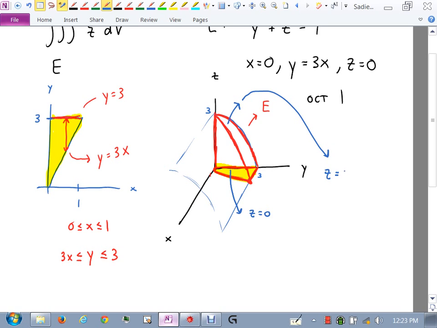Square root of 9 minus y squared, thank you. And I only take that positive root because it's the top cylinder. I'm in the first octant. So my z here is between 0 and this.